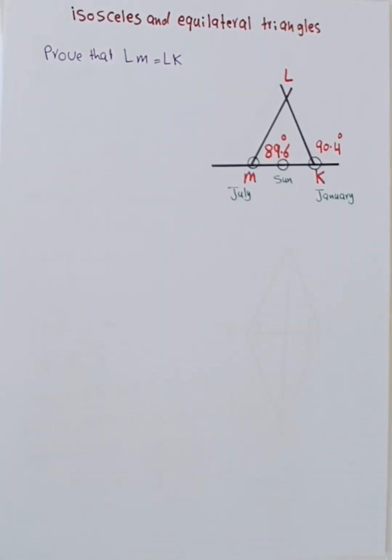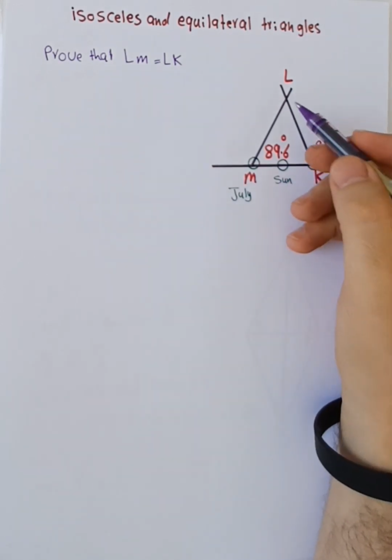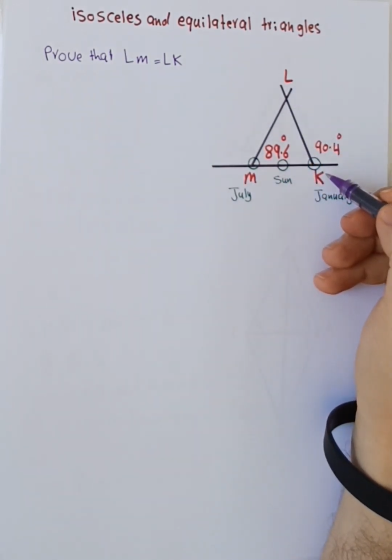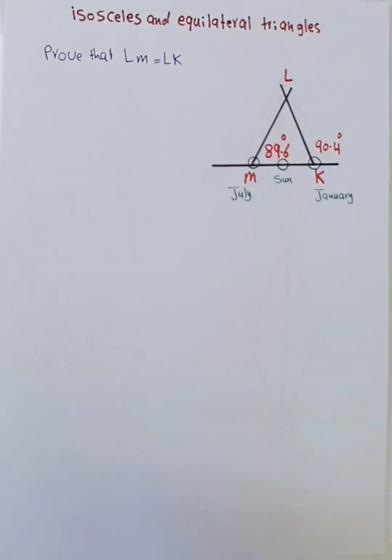After that, we have this figure, we have this triangle. We have to prove that the measure of LK equals the measure of LM. It means we have to prove that this triangle is an isosceles triangle.